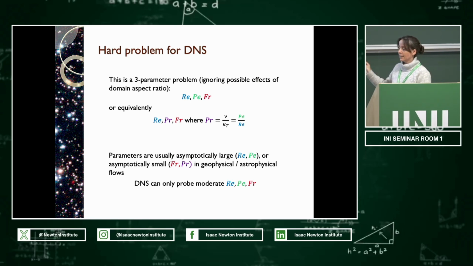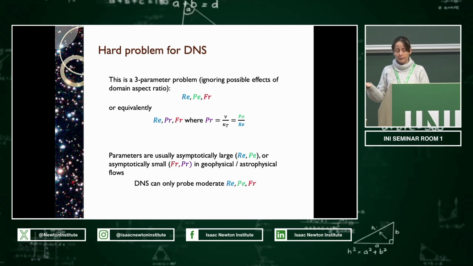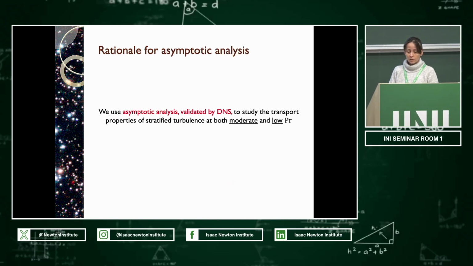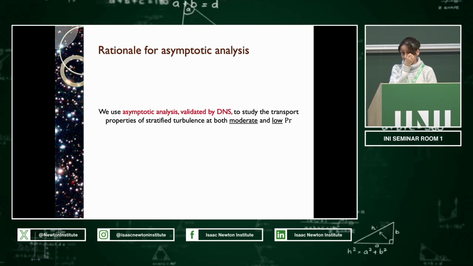And so DNS is fine. We can do them for moderate Reynolds, Prandtl, and Froude number, but if we really want to have some predictive power for astrophysical and geophysical fluid dynamics, we're going to need to do better. And so what we're going to use here is asymptotic analysis, which is validated by DNS in a regime where both of them overlap.